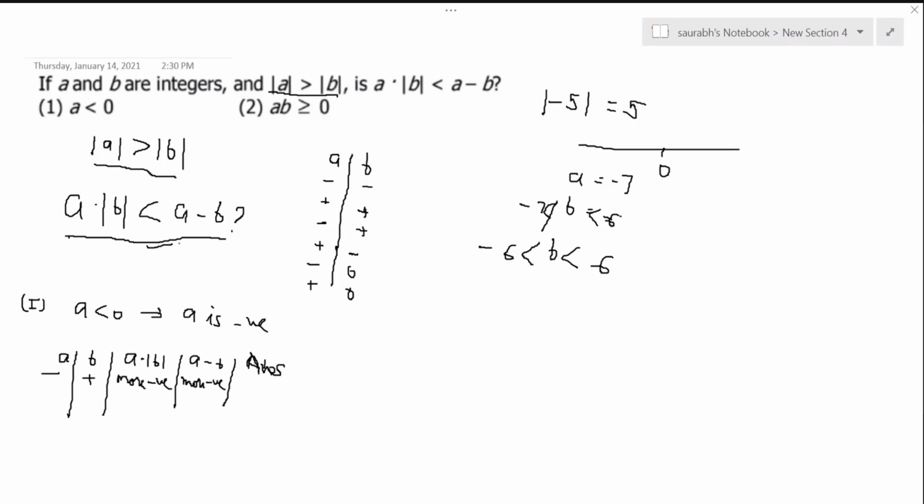So I'm not getting any definite answer here, right? So I can say that this statement itself is not sufficient. Correct. I don't need to consider other scenarios. From this scenario itself, I can say that we will definitely not get a definite answer, right?